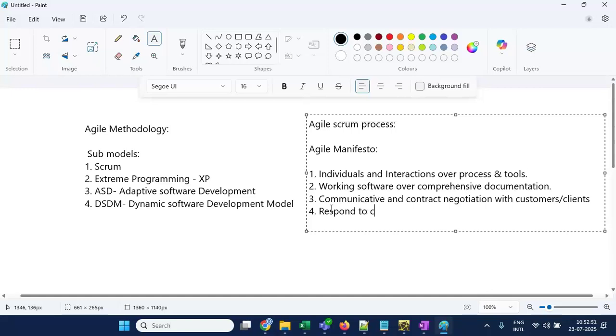And the fourth, respond to change over following a plan. So these are the 4 manifesto points we have to follow with the agile manifesto.